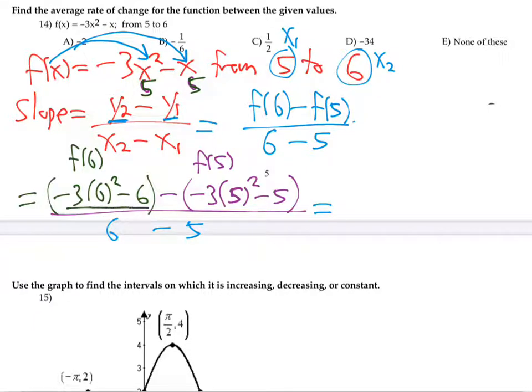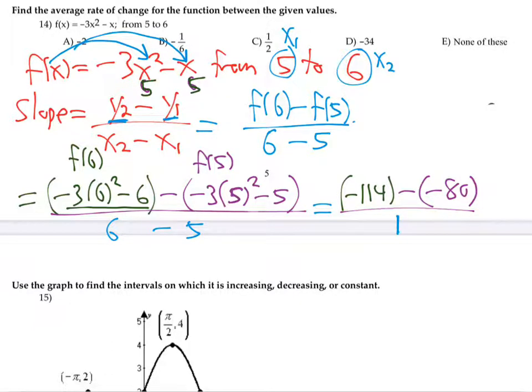And then you just work everything out. Just use your calculator right here. This will become some number. Minus 114. And then minus the other one, which is 3 times minus 35, minus 80, over 1. Bottom is just 1.